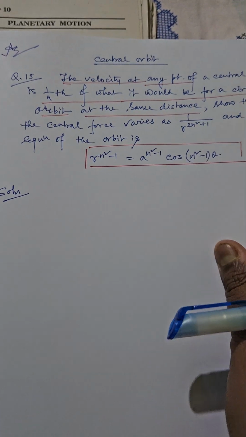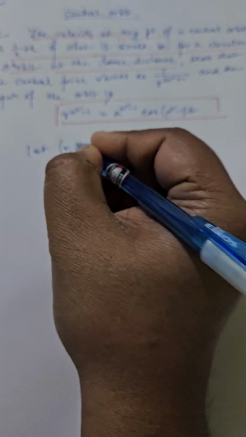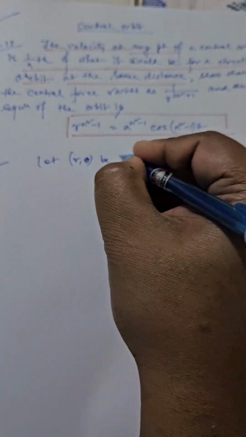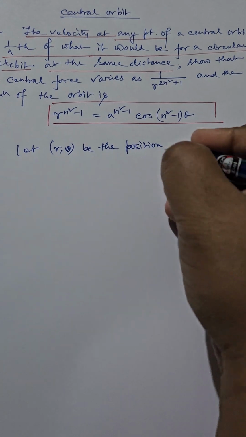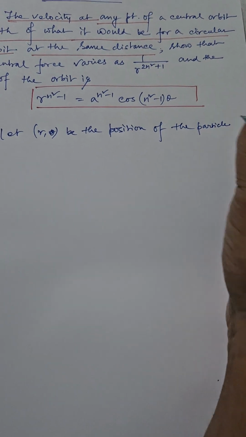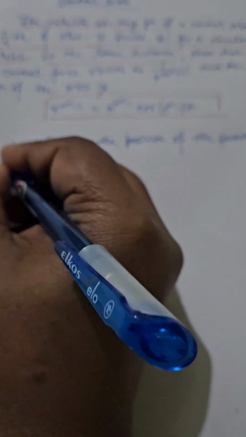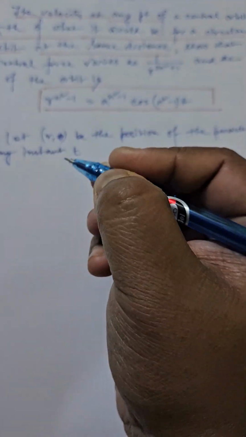Initially you can consider that let r comma theta be the position of the particle at any instant t.